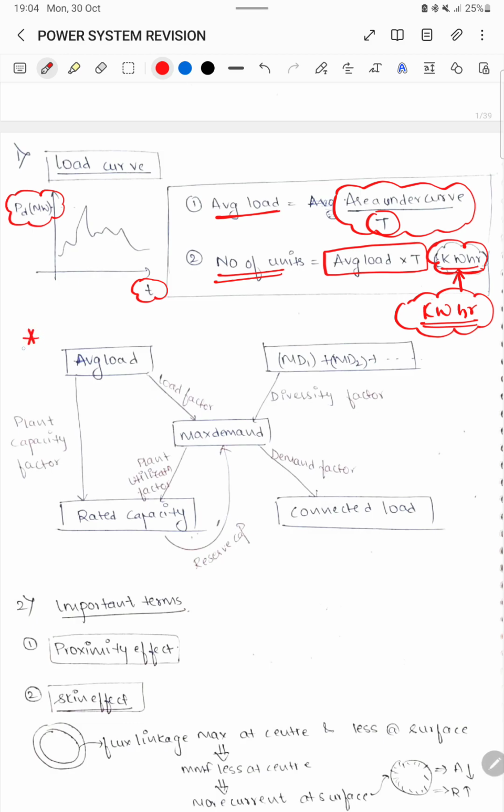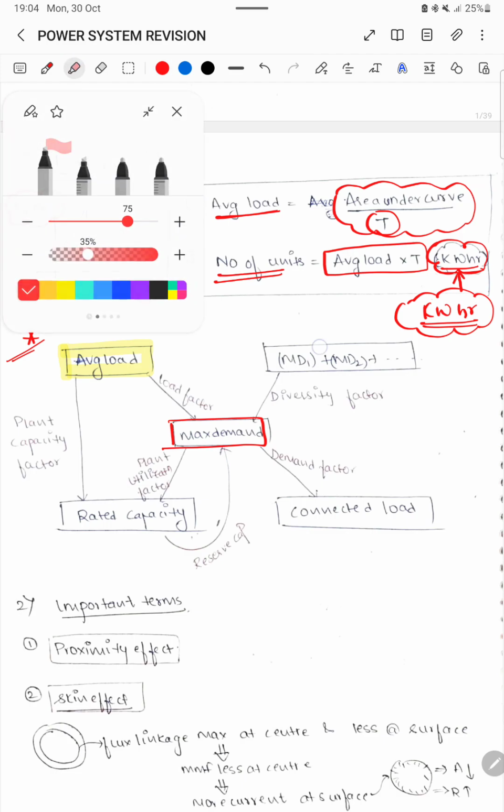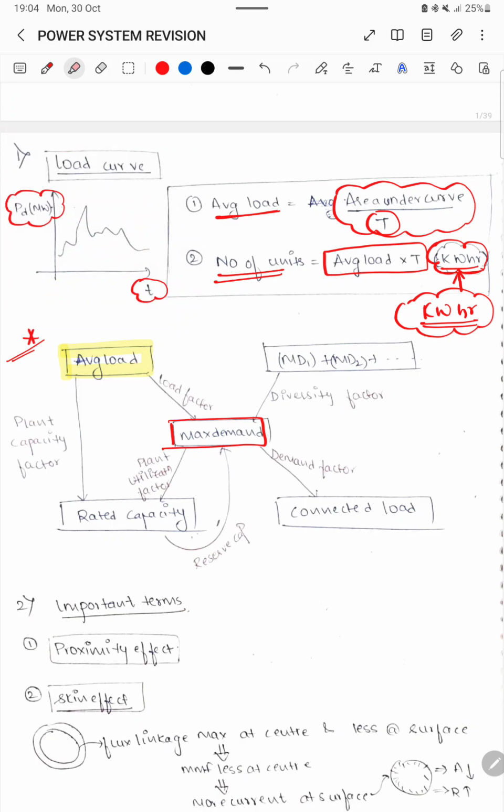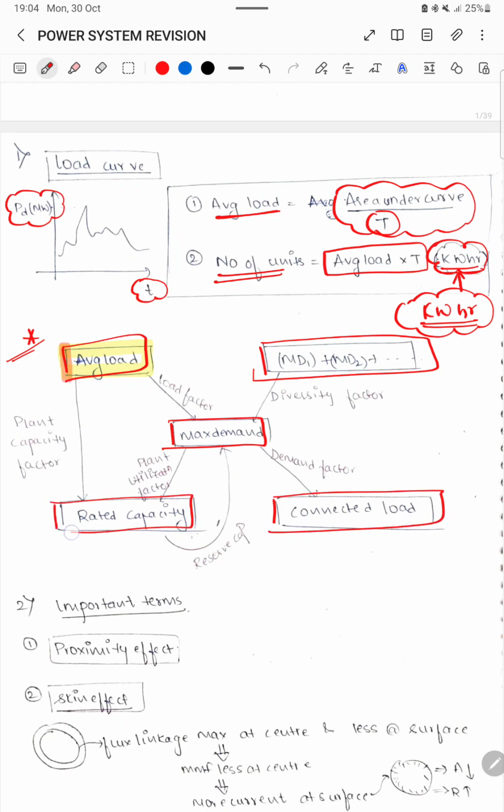Now let us discuss one of the shortcuts here, to find out various factors. For that, what we will be doing is let's make maximum demand in between, and then average load as the, so let's assume it as a square or a rectangle with maximum demand in center. Then right corner would be average load, left corner would be average load, then maximum demand 1 plus maximum demand 2 plus maximum demand 3, then the fourth bottom corner would be connected load, and then rated capacity.